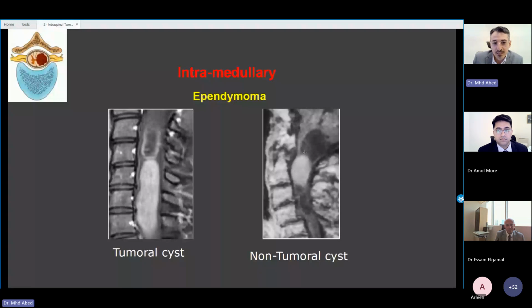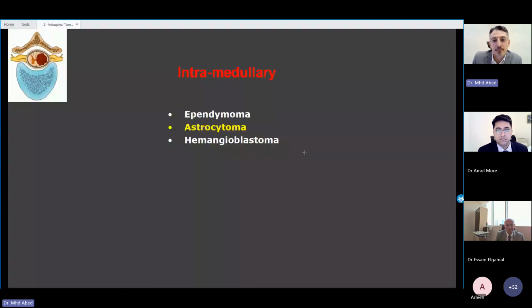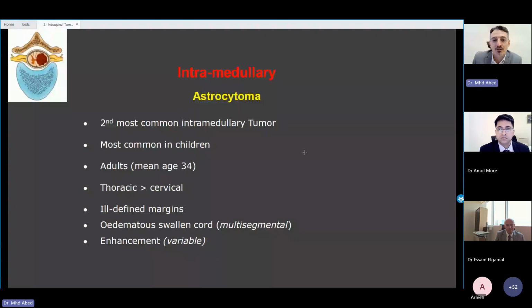Now, the second intramedullary tumor is the astrocytoma. It's the second most common tumor, usually in children, because we know that astrocytoma is common in children or young adults. It's common in the thoracic spine, but of course it could also be in the cervical spine itself.